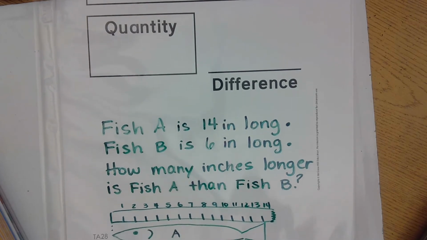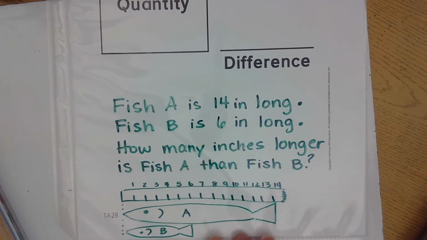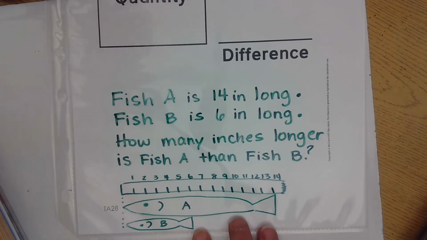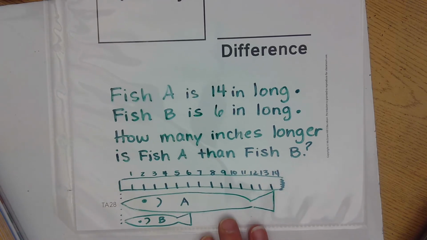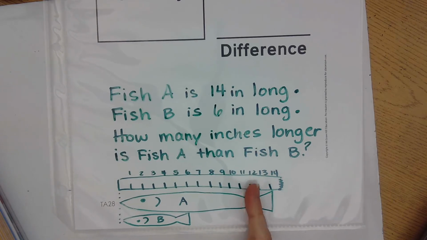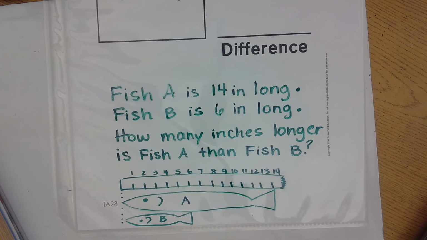So I've drawn a picture for you of the fish A and fish B, and I've matched these fish up with a ruler. Well, this is more than a ruler because we know a ruler is only 12 inches and this goes to 14. So this is just a measuring tool, and I've drawn fish A all the way to 14 inches.